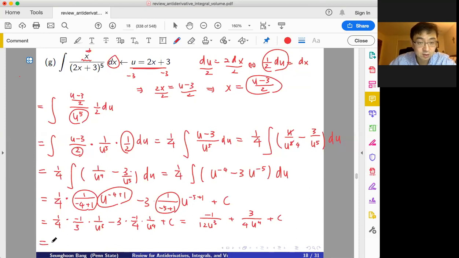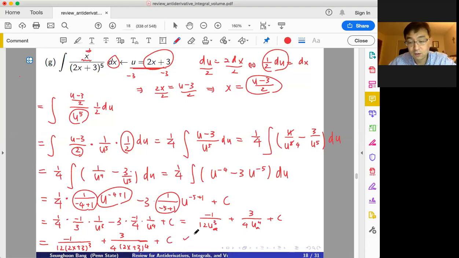You plug 2x plus 3 into u here. So the answer is negative 1 over 12 times (2x plus 3) to the power 3, plus 3 over 4 times (2x plus 3) to the power 4, with u equal to 2x plus 3, plus c.